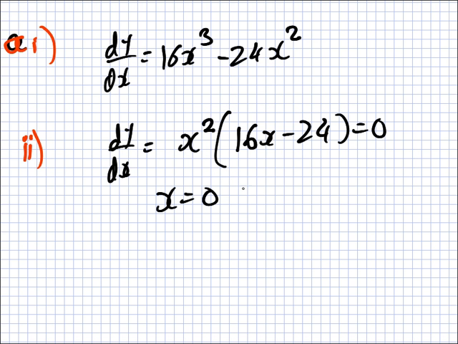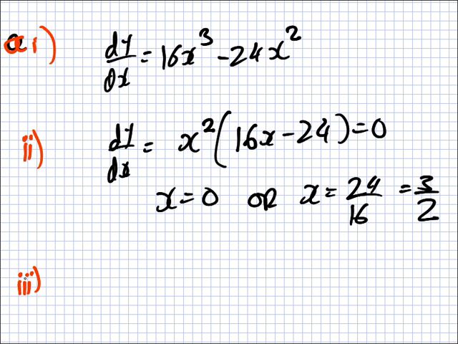So x equals 0 or x equals 24 over 16, which is 3 over 2. So this is nice. We already have, how many marks? 4. Now we want to know what's happening at 0 and 3 over 2.